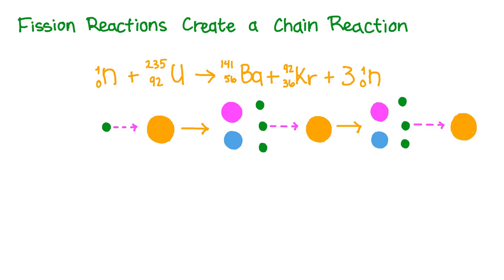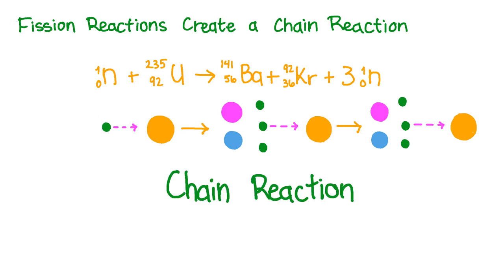And those neutrons can strike another atom of uranium, and so on. So fission reactions are capable of creating a self-sustaining chain reaction that can continue as long as there's neutrons and atoms of uranium. Maintaining this chain reaction is a large part of the operation of a nuclear power plant.